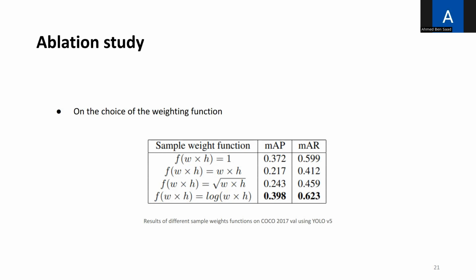We got the best results with the log of the area of the object, but this doesn't mean that it is the best function. Maybe there are some better functions to consider, but in our small pool of tested functions, we saw that log of W times H is relatively good compared to the others.